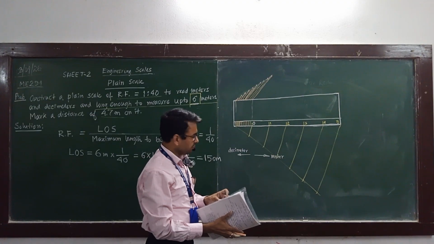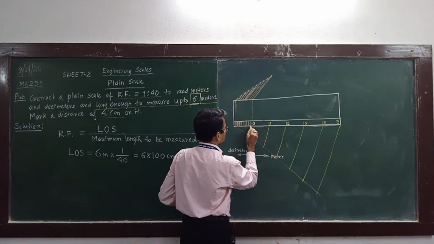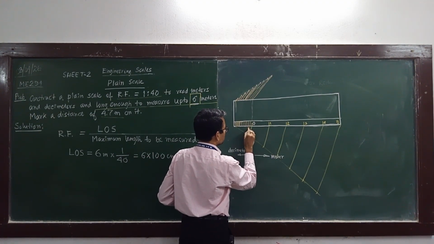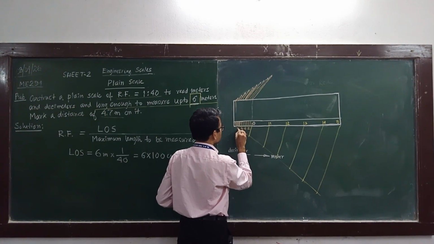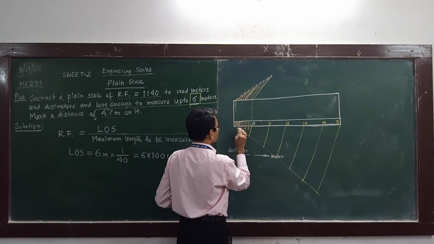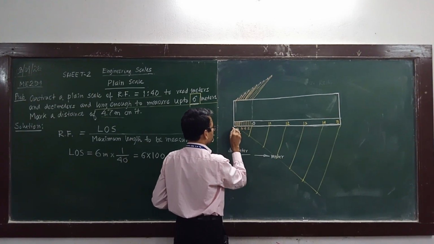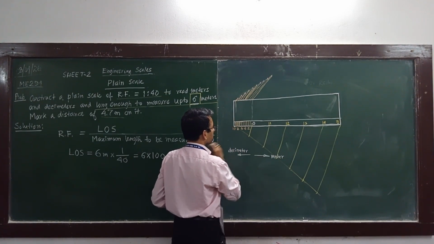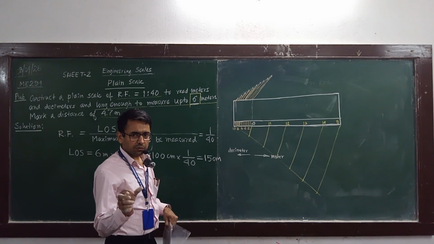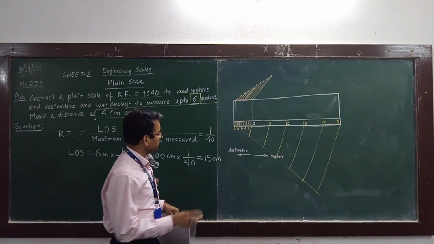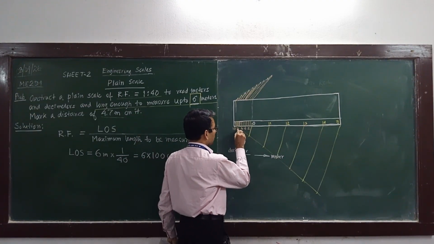Okay, now the marking will be say 0, then 2, then 4, then 6, then 8, up to 8 only it will be okay. You can write 10. Otherwise it will be too close and you cannot write clearly, so we will skip in between.